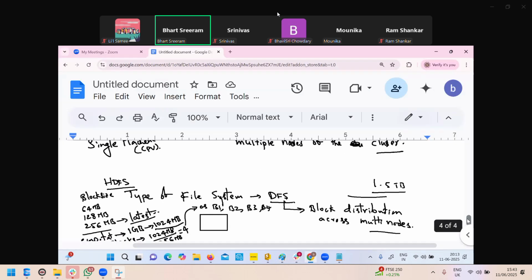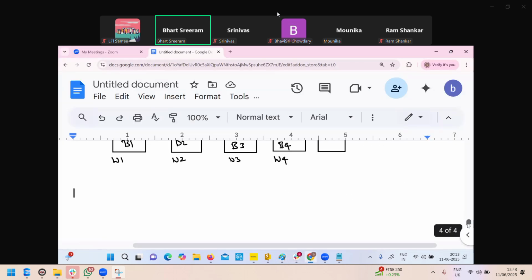Think that your data has been stored in 4 machines. Previously, in a single node machine, to process your data, 10 minutes is the time.